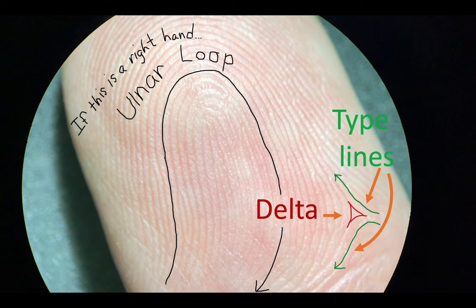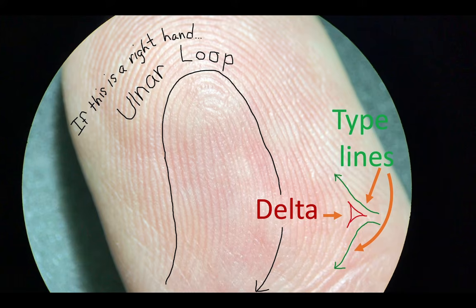Therefore, this by default is an ulnar loop, because these two lines come in and go back out towards your pinky finger, which is associated with the ulna. So this is an ulnar loop.